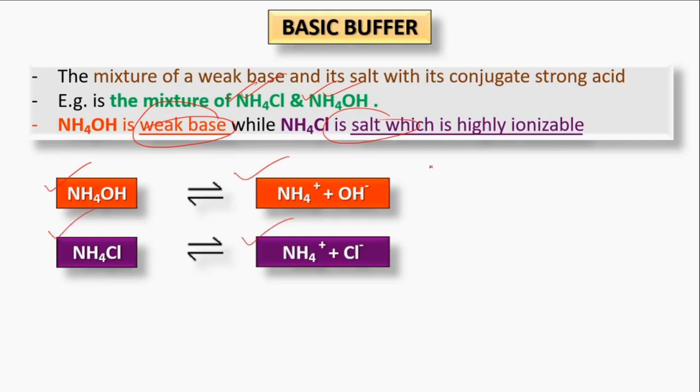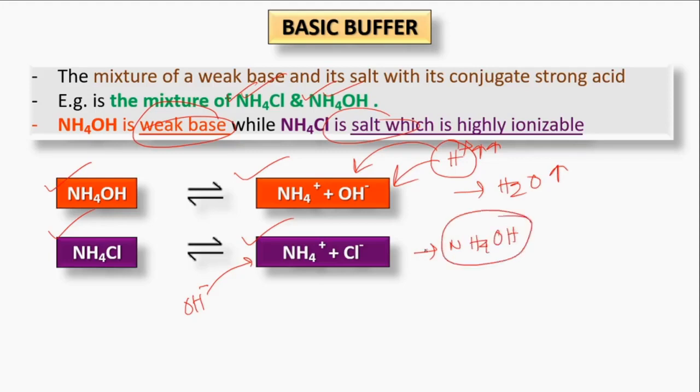If we add more acid in this solution, that means high hydrogen ion concentration, this excessive hydrogen ion will combine with the hydroxyl ion and form H2O. That means no pH change. And if we add more OH, that means base, it would give NH4OH, that means the ammonium hydroxide.